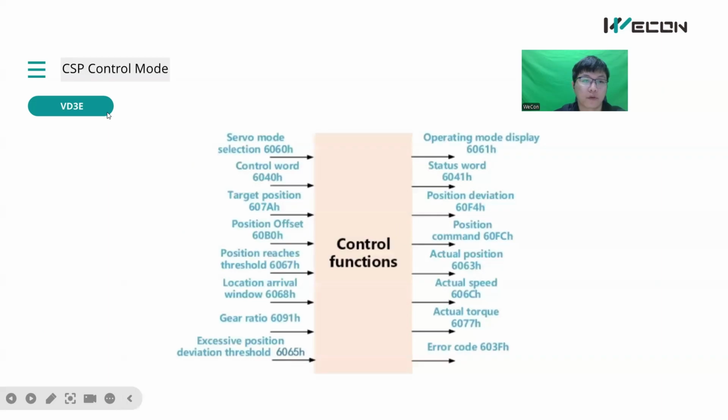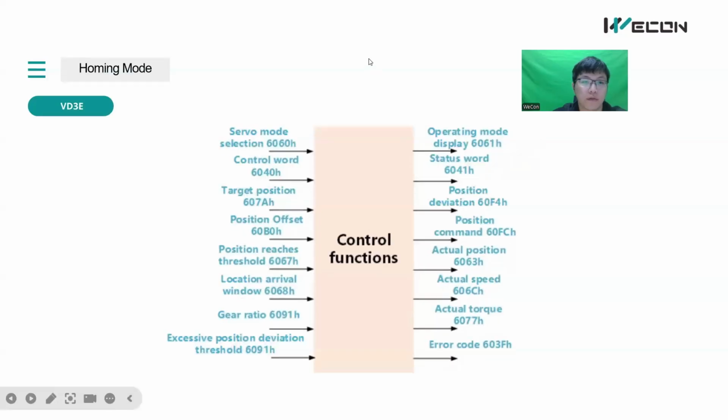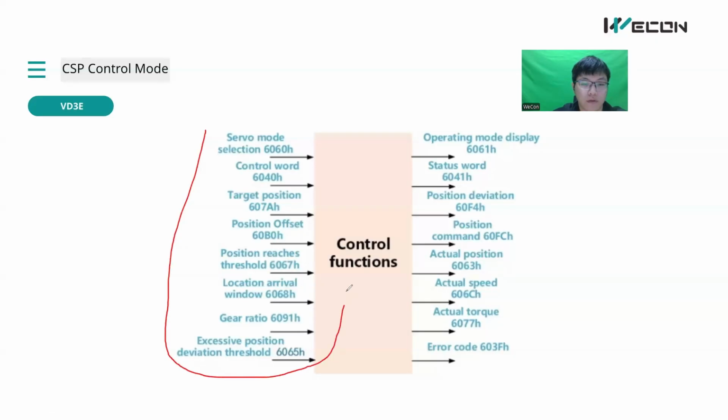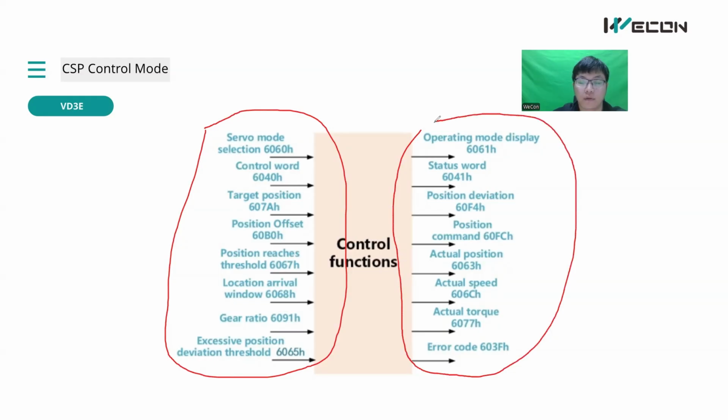And from this picture, you can see this is the CSP control mode. For this control mode, usually we need this parameter for input and this parameter for output.